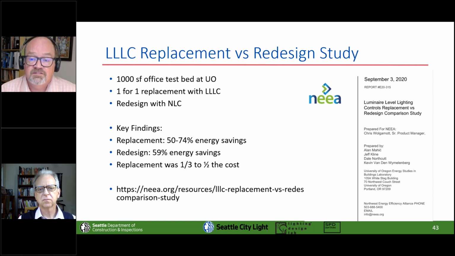But what they wound up deciding was that redesign saved a certain amount of energy, but replacing one for one wound up being the simplest and the most advantageous option for retrofit applications. Why? Limited rewiring, limited ceiling work, lots and lots of different reasons. So that's actually a pretty good deal. Now, next slide, please, Duane.